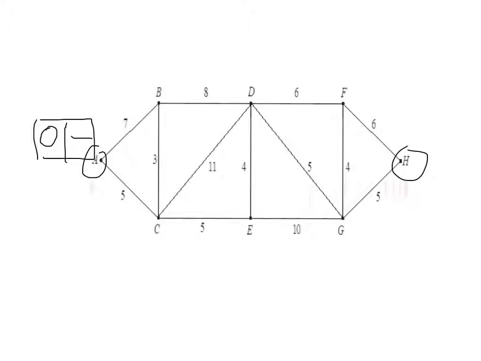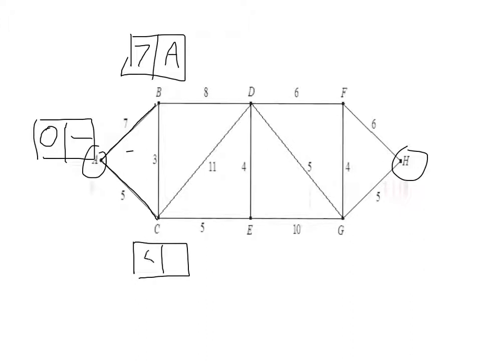I'm going to go along this path first to B and draw my little box. So I've gone a distance of 7 and I've come from A if I go that path. If I go this path, my distance will be 5 and I would have come from A.